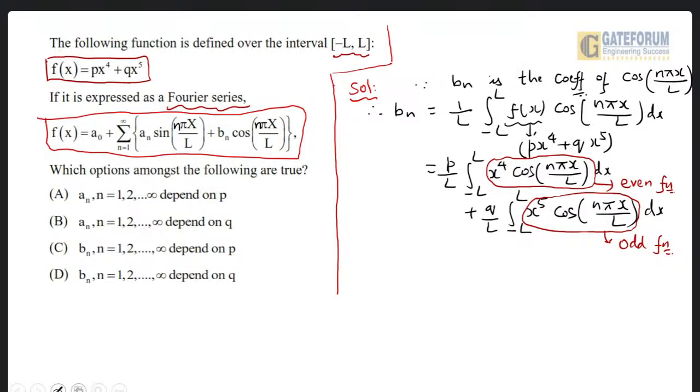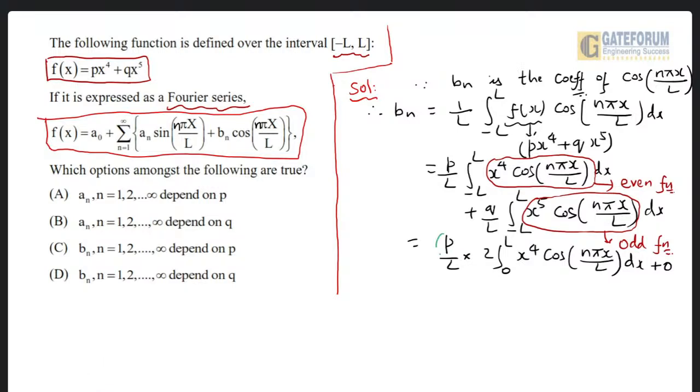So according to the properties of definite integrals, when it is an even function, it is 2 into the integral from 0 to a. When it is an odd function, the value of that integral is 0. So p by L into 2 times the integral from 0 to L of x power 4 cos n pi x by L dx plus the other one is 0. Okay. So definitely this b n depends on p.